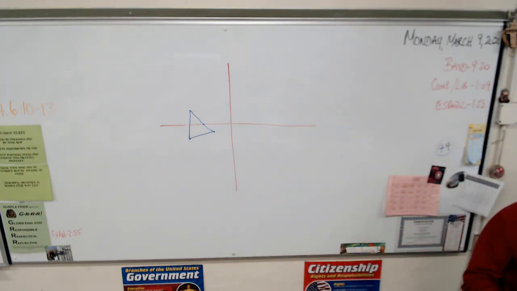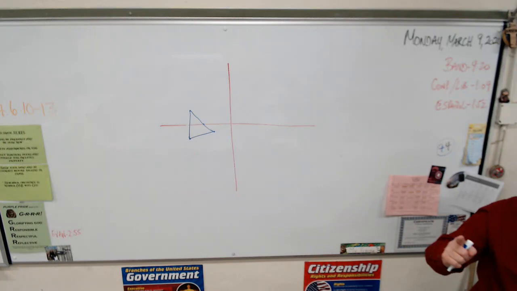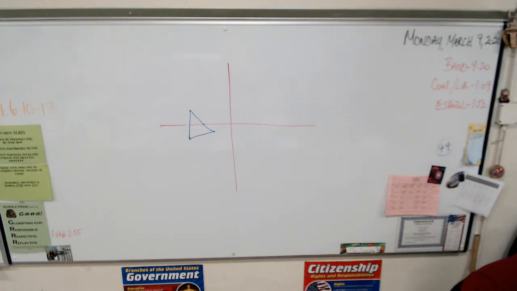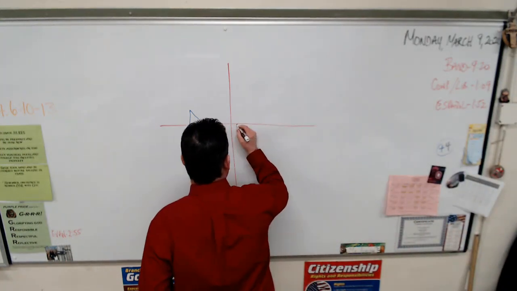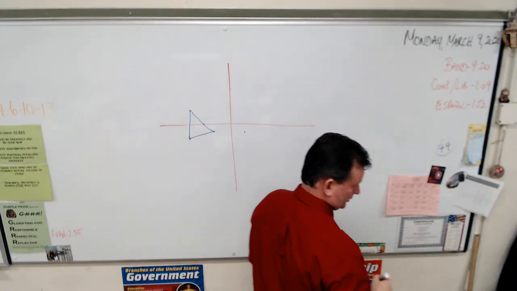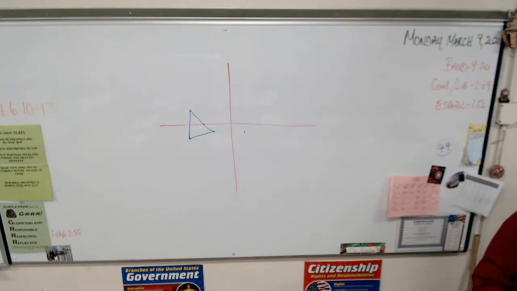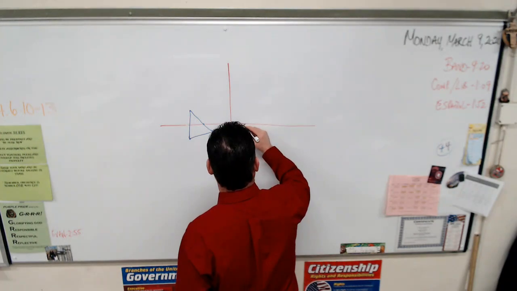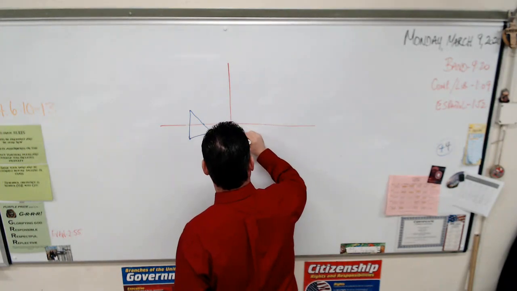So it's going to be 1, -2. Everybody follow? Yep. It's going to be 1, -2. Then it's going to be 2, -5. No, it would be -2.